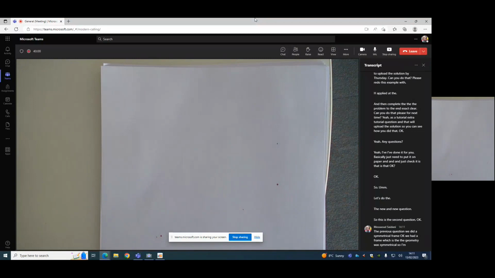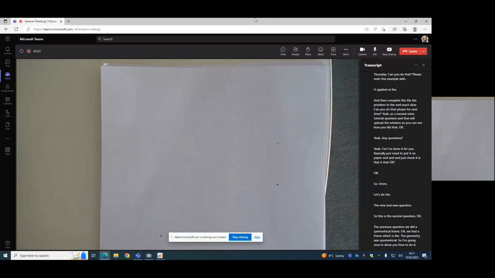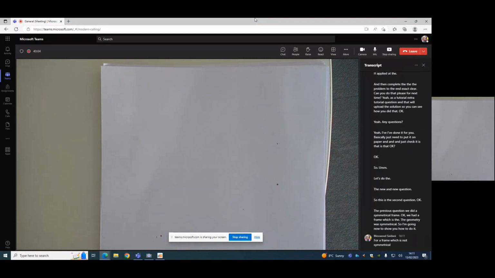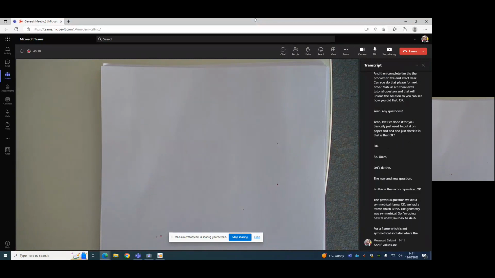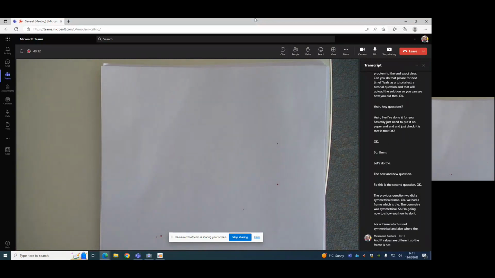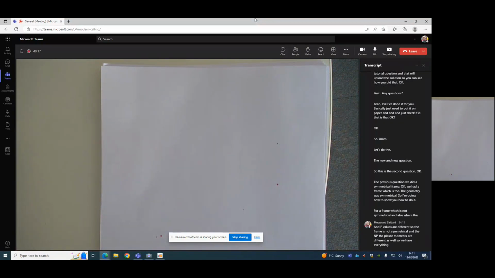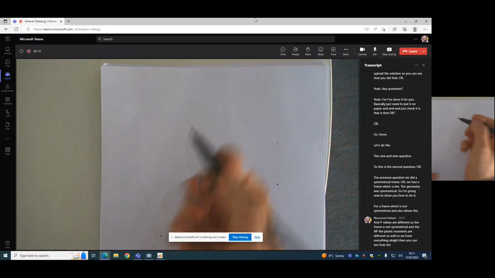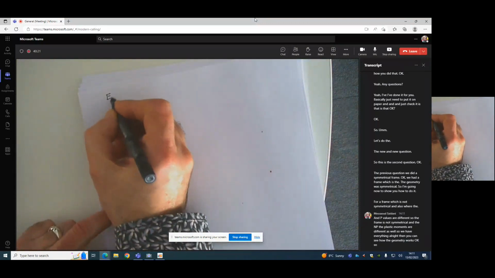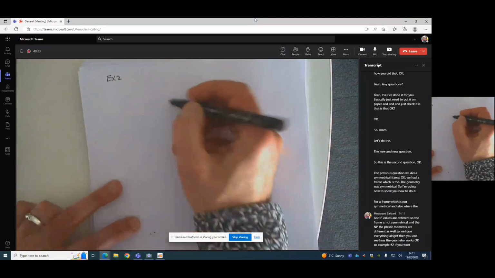So I'm going to show you now how to do it for a frame which is not symmetrical, and also where the MP values are different. So the frame is not symmetrical, and the MP, the plastic moments, are different as well. So we have everything, all right? Then you can see how the geometry works. Okay, so example number 2, we have this here.